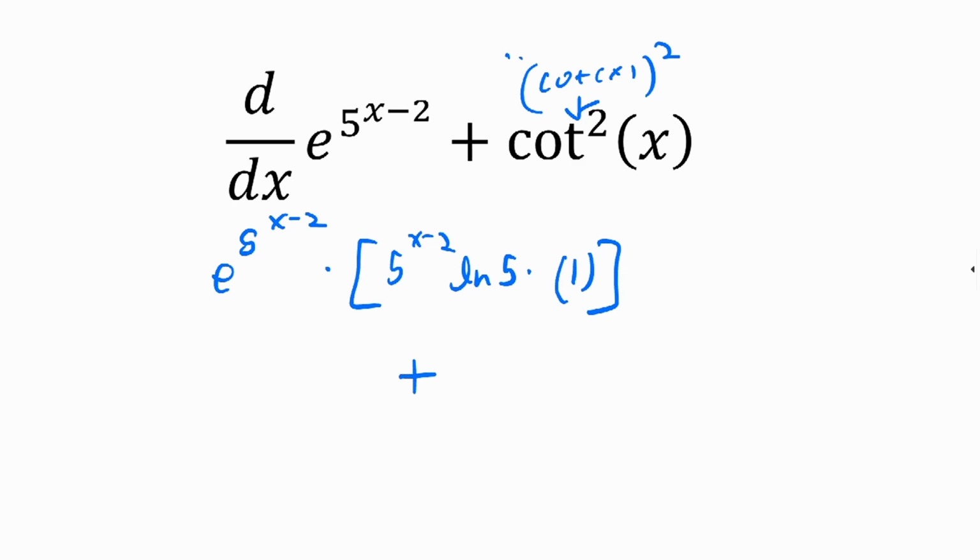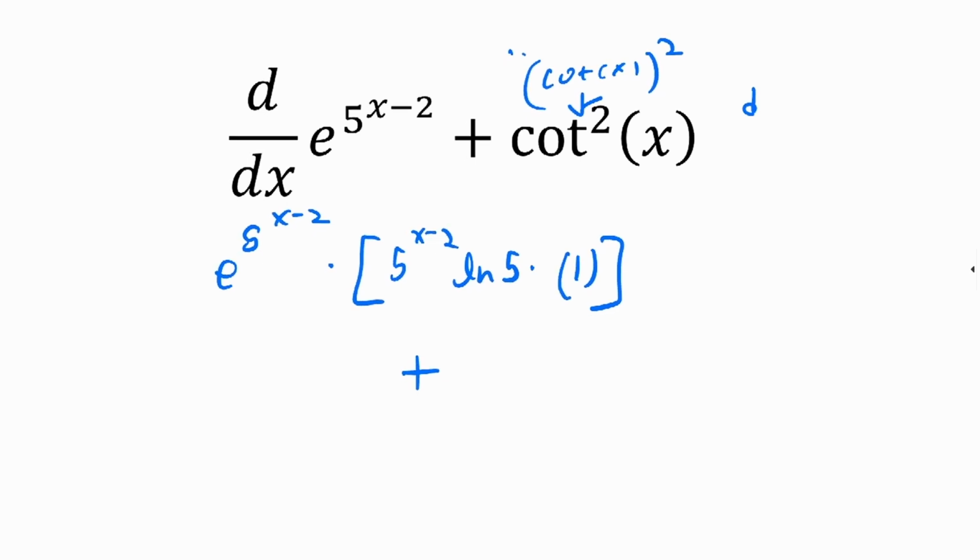So the reason I wrote it as the derivative of cotan of x squared is now it looks like a product rule. Let me write that a little bit bigger. So it's going to be cotan of x squared, okay?